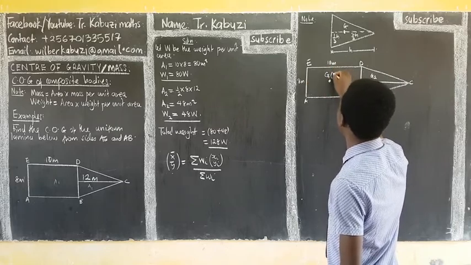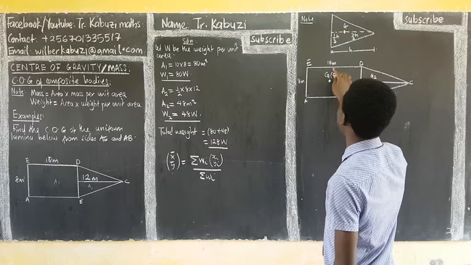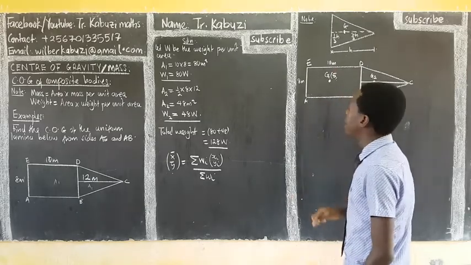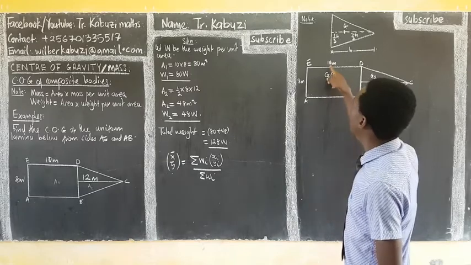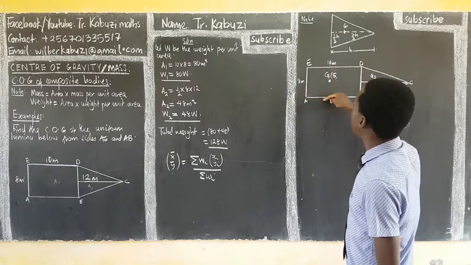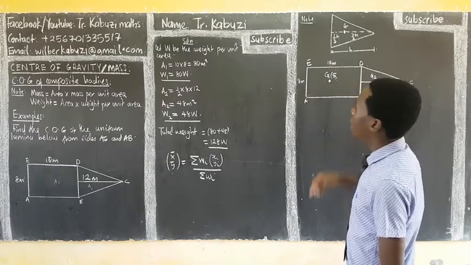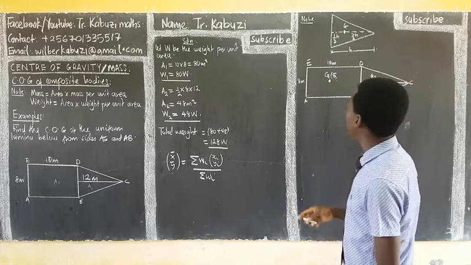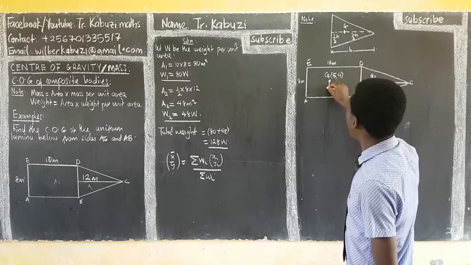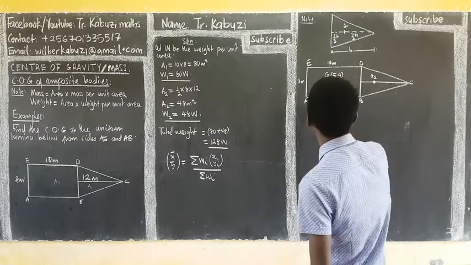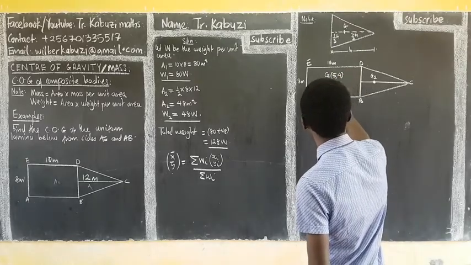If this is 10, this one is going to be 5 because it's a half. Because we said the center of gravity of a rectangle acts in the middle, that's why I get a half of this. Then from AB, from here, I'll be getting the y coordinate, which is going to be 4. And here, we are having weight 1 acting there.